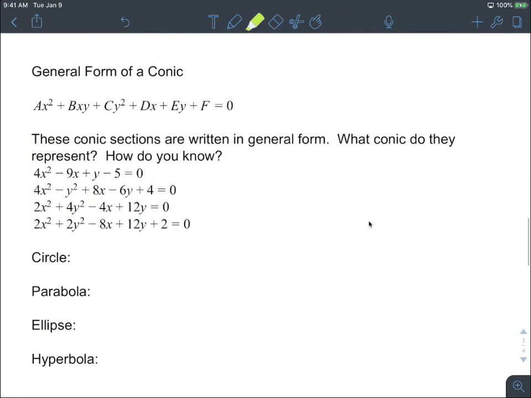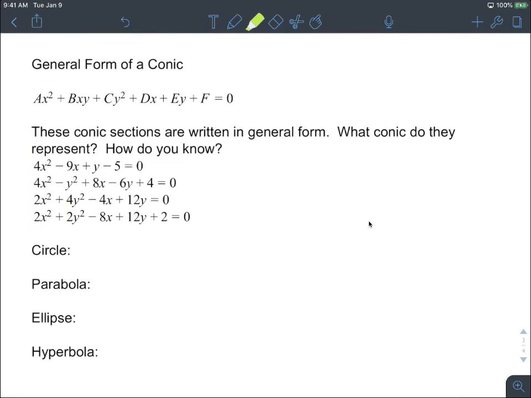Okay, just one thing before we finish up. So if my equation is in general form, how can I tell what kind of conic I have here?